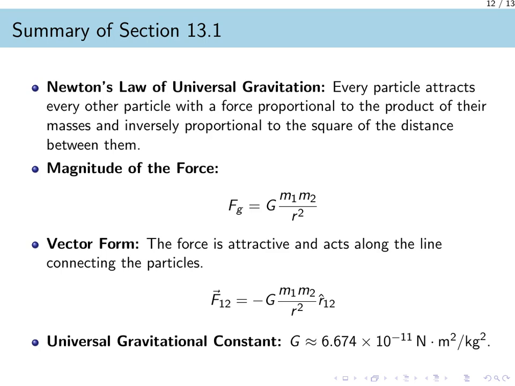The proportionality constant, G, is the universal gravitational constant, which has a measured value of approximately 6.674 times 10 to the power of negative 11 newton meters squared per kilogram squared. This framework allows us to calculate the gravitational force between any two masses in the universe.